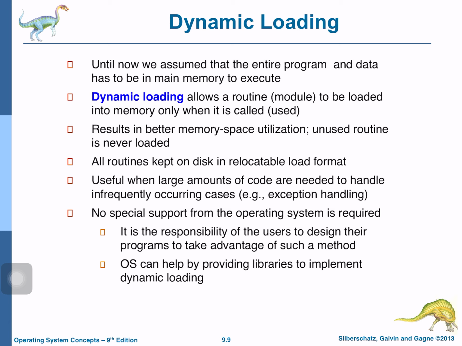Even though there is a very large program, it only requires a small memory space. No special support from the operating system is required. It is the responsibility of the user to design their program. However, the OS can help by providing libraries to implement dynamic loading. For example, to print, it has the printing libraries. Those are the kind of support provided by the operating system.